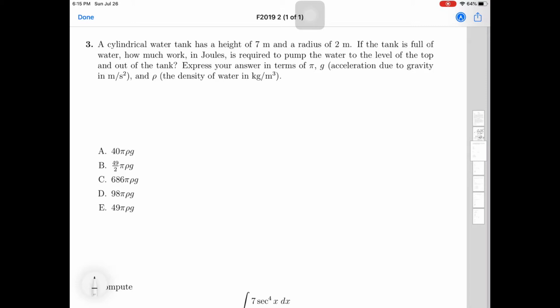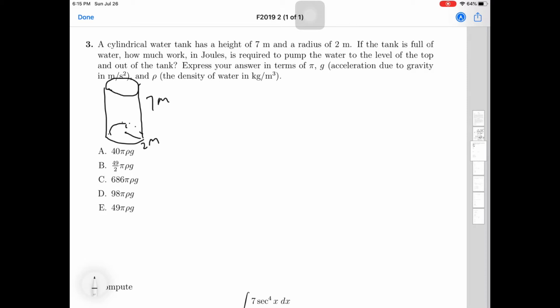So first, for some clarity, we can draw a diagram. So here's a cylinder, and the height is 7 meters with the radius of 2 meters, and we are supposed to find the work.